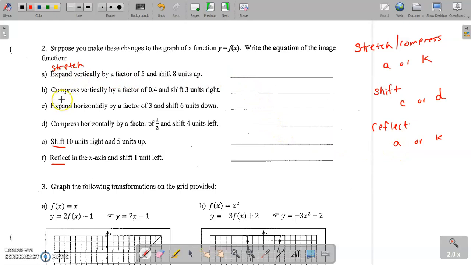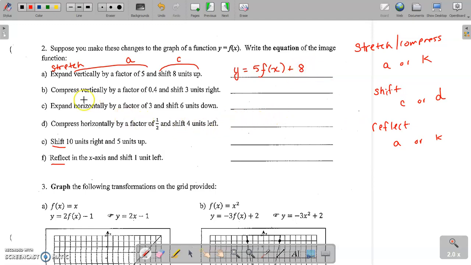So if we want to stretch vertically by a factor of 5, stretching vertically is your a value, and you shift 8 units up, that's your c value. So if you have y equals f of x, that will result in the function looking like y equals 5 f of x plus 8, because there's an actual number.